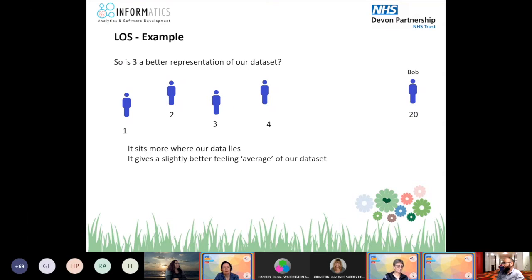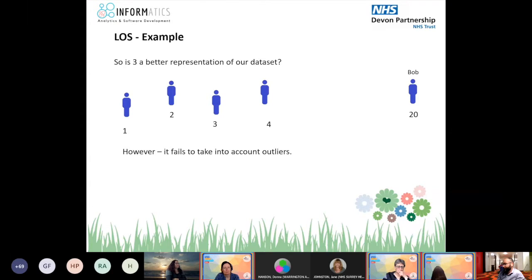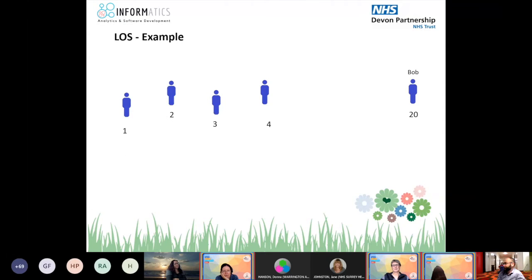So it does give us that slightly better feeling of what's going on, but it does have a big failing in that it totally doesn't take into account any outliers. So Bob's length of stay 20 could be 200, and the median would still be 3.